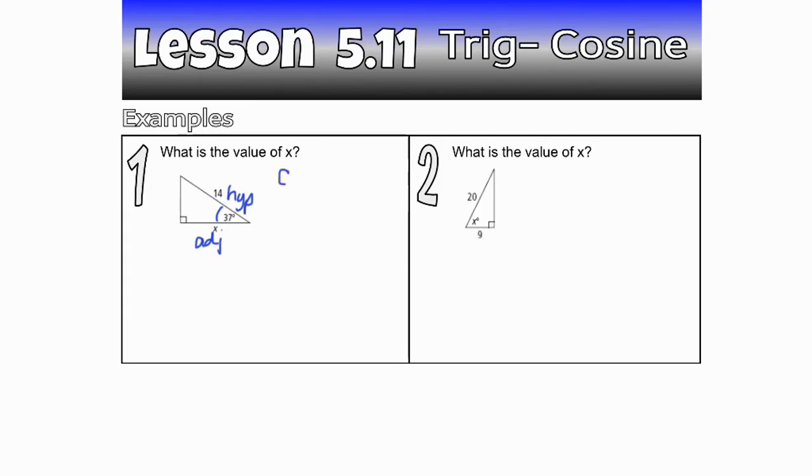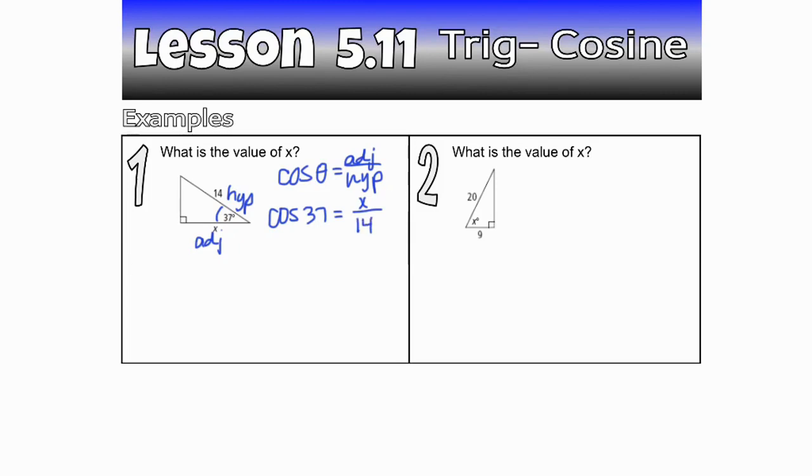So I'm going to say the cosine of theta is equal to the adjacent divided by the hypotenuse. I'm going to write that every single time, so you're used to writing it and you'll be able to follow along with me. So I have the cosine of 37 is equal to the adjacent side, which is what we don't know, that's x, divided by the hypotenuse, which is 14.